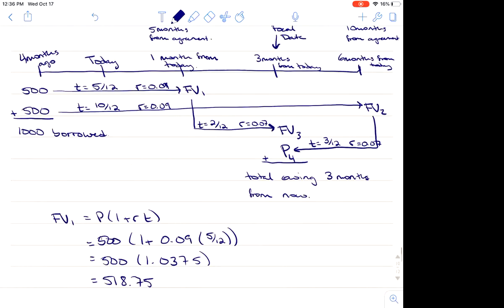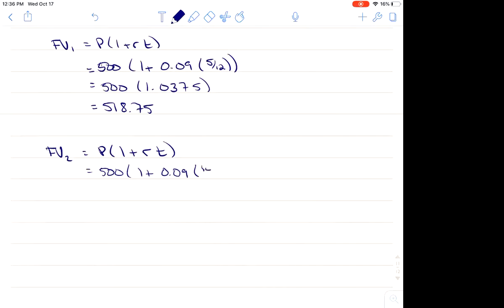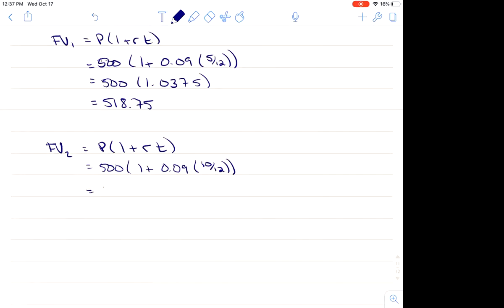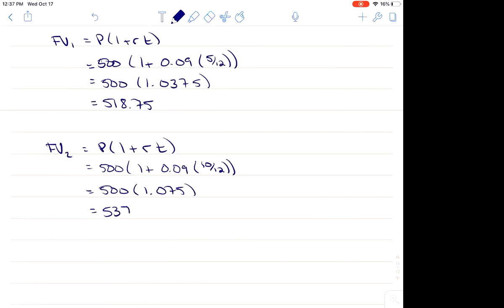And T was 10 over 12. 10 divided by 12 times 0.09 plus 1 is 1.075, times 500 is 537.50.